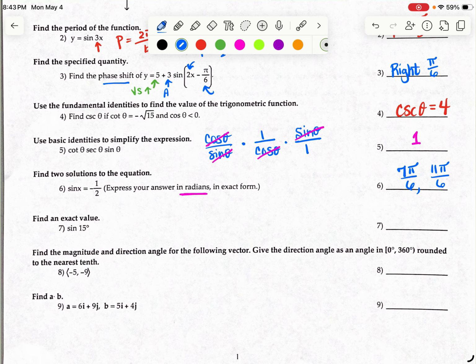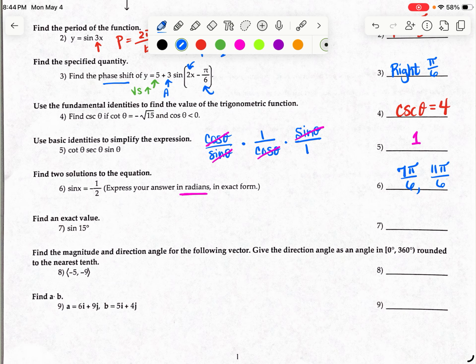So finding the exact value of sine of 15, we talked about this in class. You could do it several different ways. I have to change my mode on my calculator real quick because I'm in radians. In case you didn't know, you can download the Numworks calculator app for free on your phone.